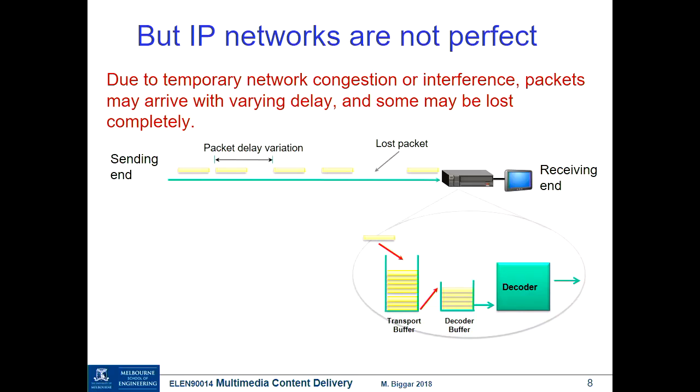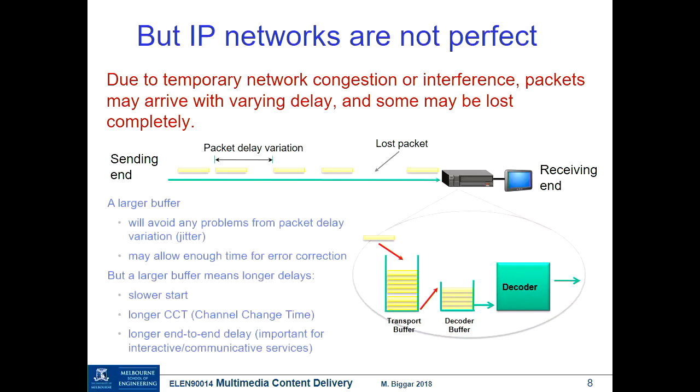And if it's big enough, then in the event of a packet loss, maybe we're going to make that buffer so big that we have time to request retransmission and repair that lost packet. We'll come to the practicality of that a little later.